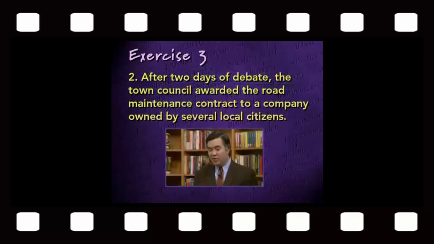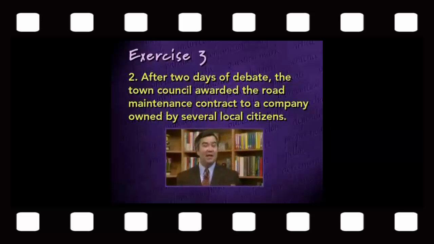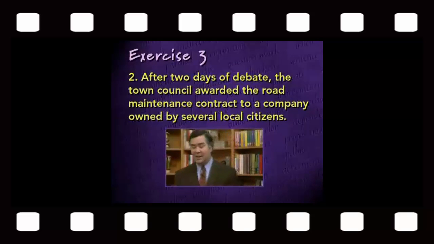Next, after 2 days of debate, the town council awarded the road maintenance contract to a company owned by several local citizens. It's a long, complicated sentence, but let's break it down piece by piece, and I think you'll find it's not that difficult to understand. First, what's the verb? What's the action that's happening in this sentence? The answer is awarded.